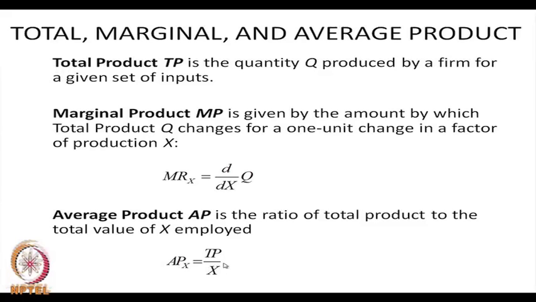Similarly, if we have another input y, then APy would be total product TP divided by y. So, these are the three things that we shall be using hereafter.